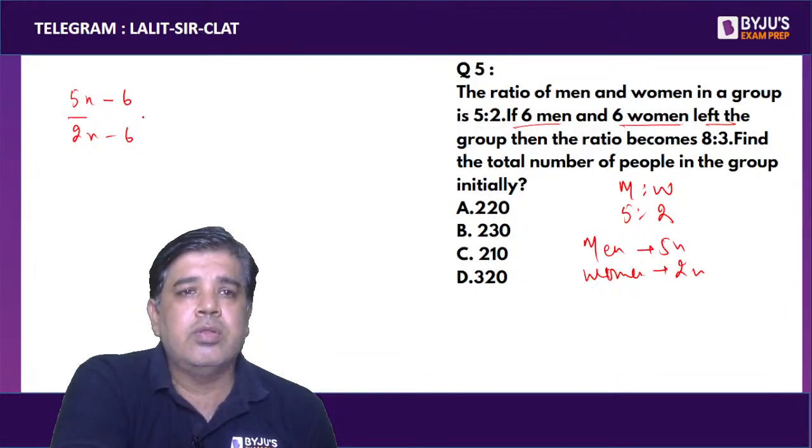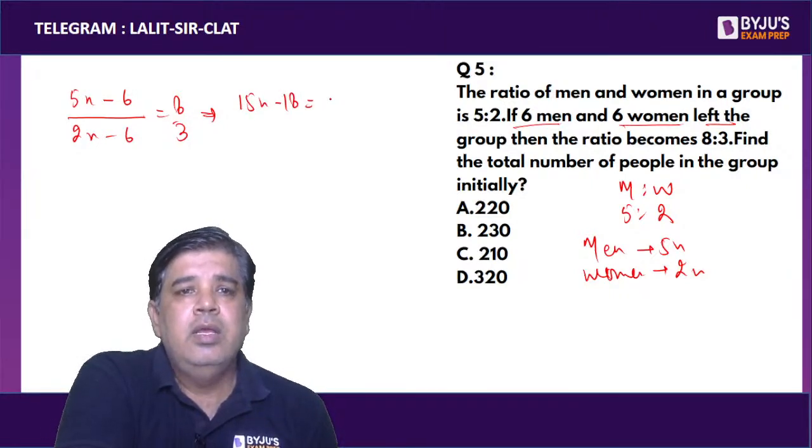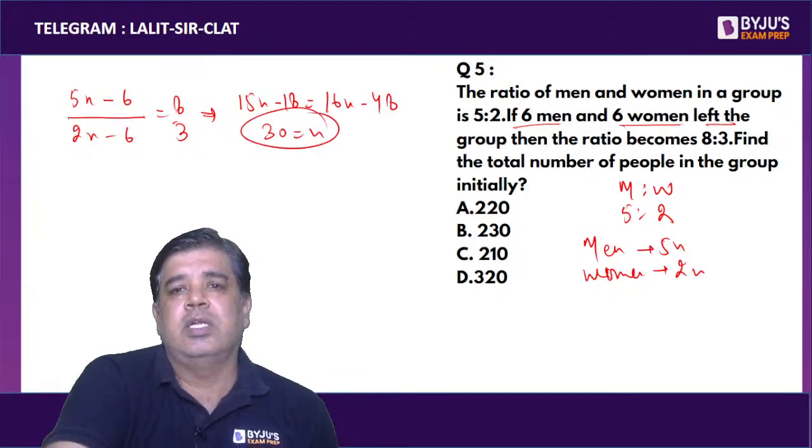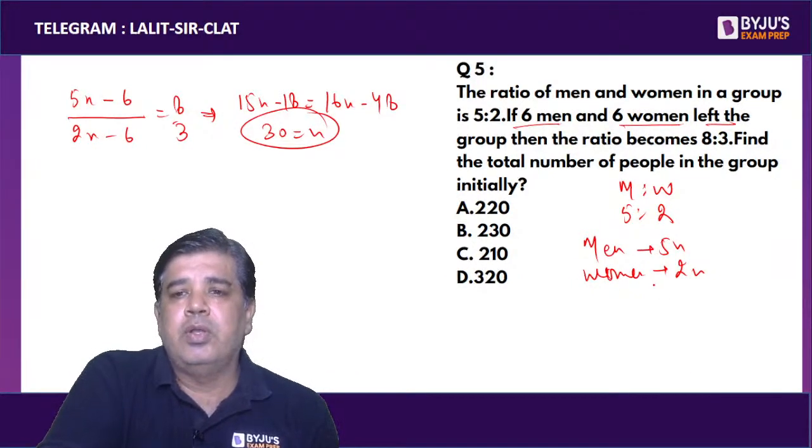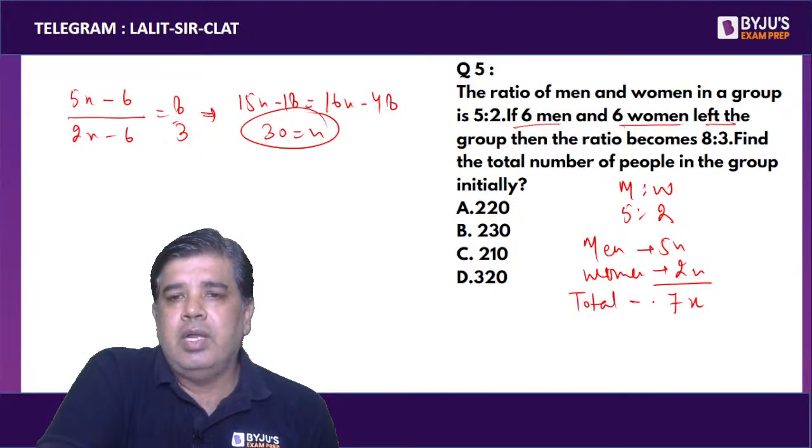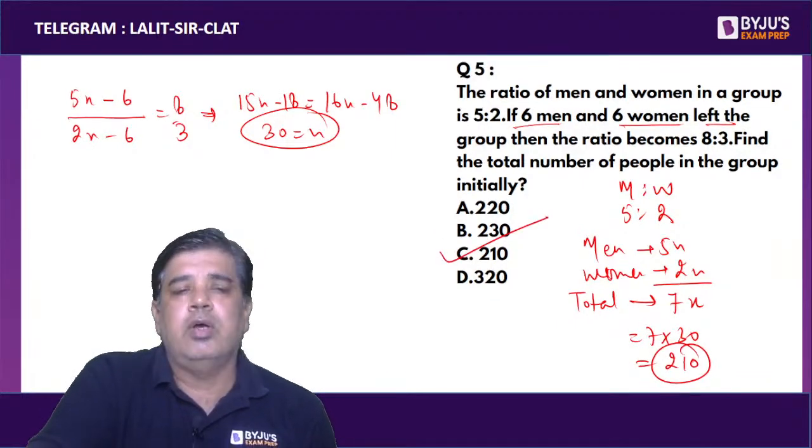The ratio is now 8 by 3. So we can say that 15x minus 18 equals 16x minus 48. So x is 30. Total number of people: total are 7x. Now x is 30, so total is 210.